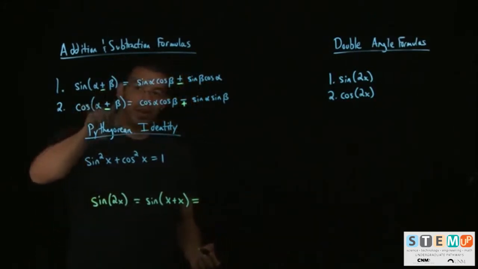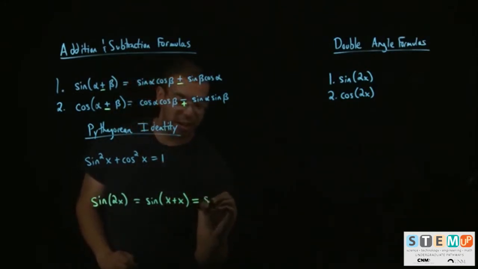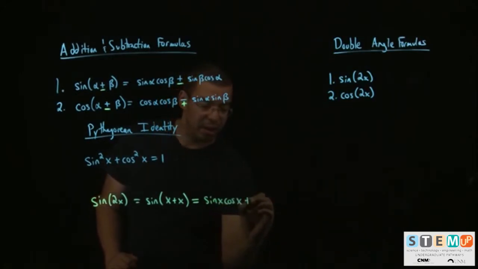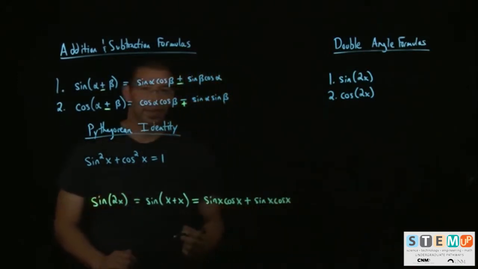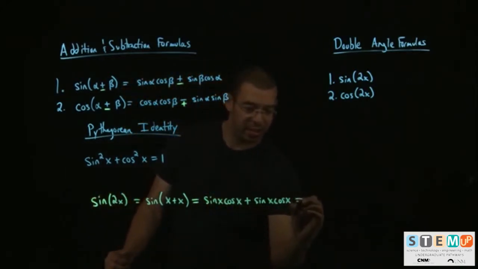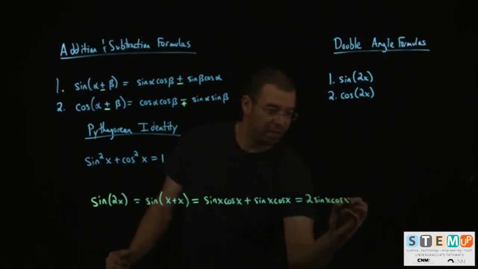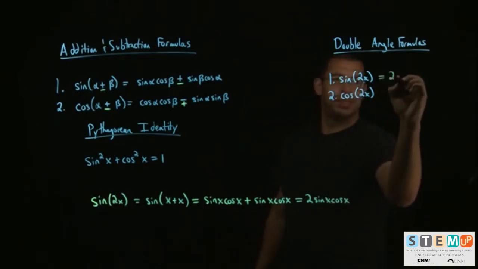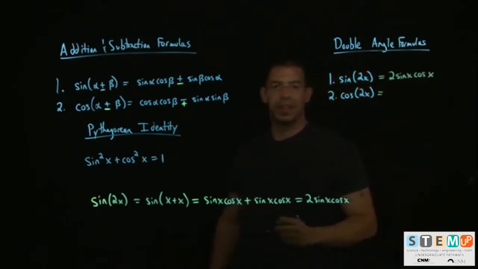So sine of alpha plus beta, doesn't matter if they're the same thing, is going to be sine of alpha cosine of beta plus the sine of beta cosine of alpha. So these guys are the same, right? So this is just 2 sine of alpha cosine beta, or 2 sine x cosine x. And that's what this is. So that's our first double angle.